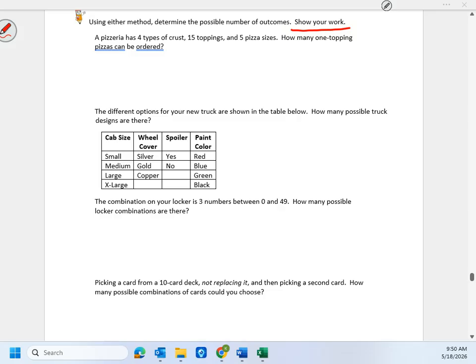What are we choosing? What are we choosing from? Evelyn, give me one of our event choices. We have 4 types of crust, 15 toppings, and 5 pizza sizes. What's one of the choices I have to make? Toppings. That's an event. Knowing that toppings is an event, show me your fingers.